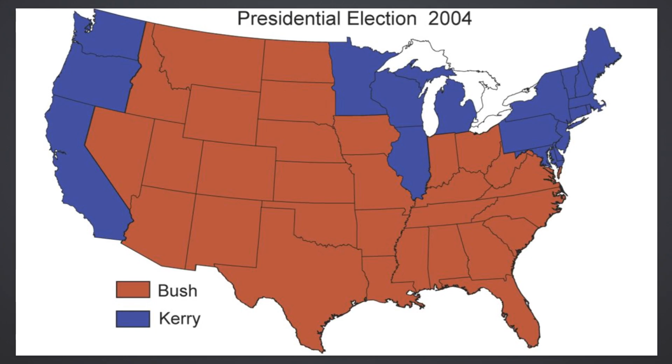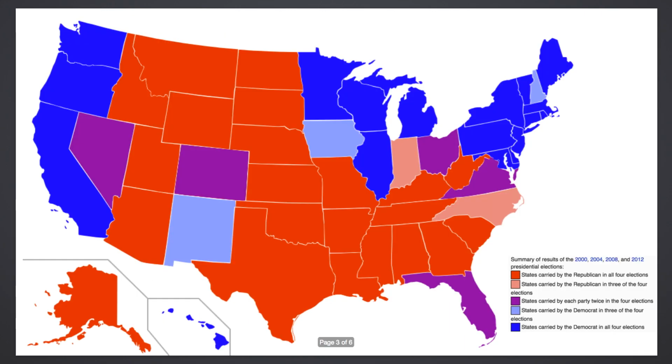If we look at this map here, it shows the colors of the states based off of a summary of results from 2000, 2004, 2008, and 2012, so every presidential election. You can see that some of the states are definitely considered very red states because every election they voted for the Republican candidate, and other states are blue states because every election they voted for Democrats.